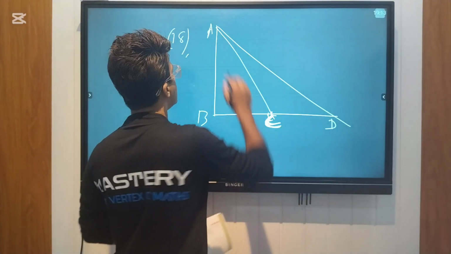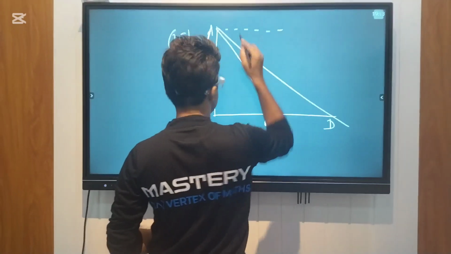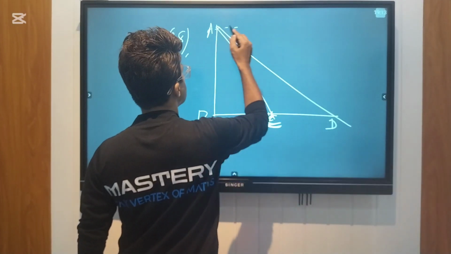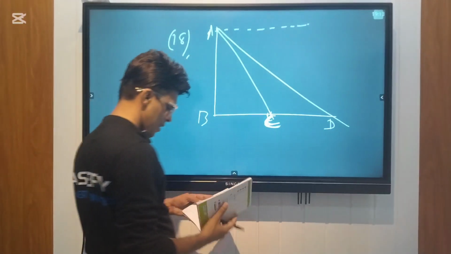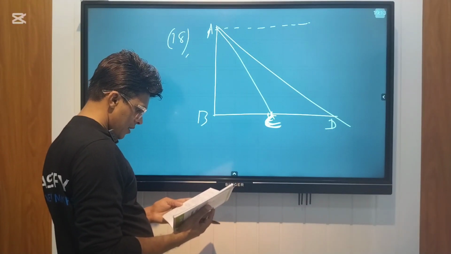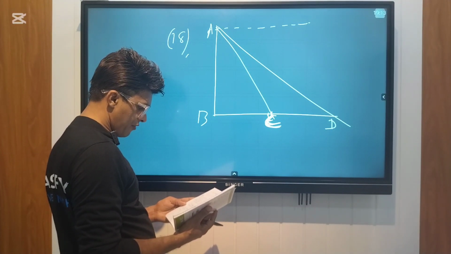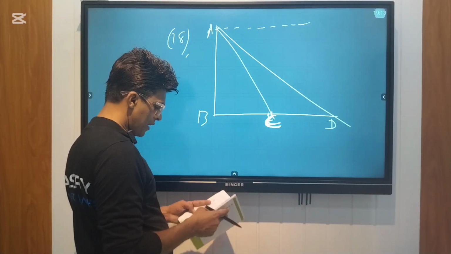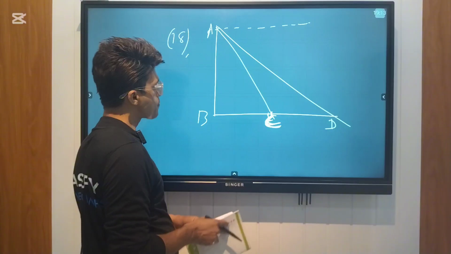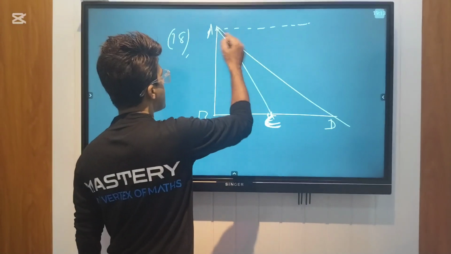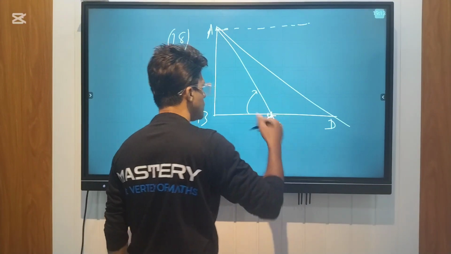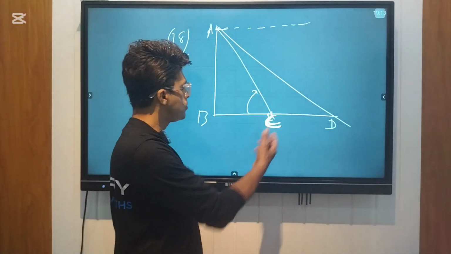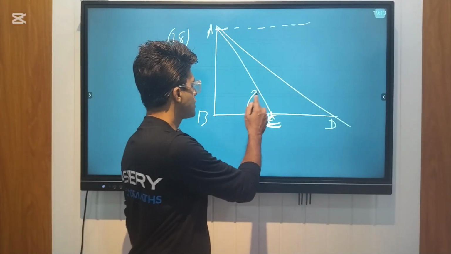And also what we need to do here is find the angle of elevation of A from C. When you look at A from C, you need to mark this value.